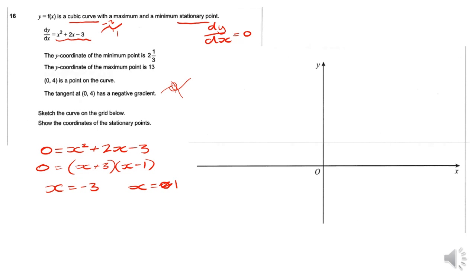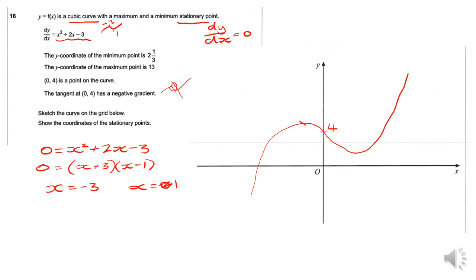So if I draw my graph now with all the information that I know, it kind of goes up, then it comes back down before bottoming out and then carrying on. And the reason I know it comes back down is because it's got a negative gradient at the point 0, 4. So that's that one.